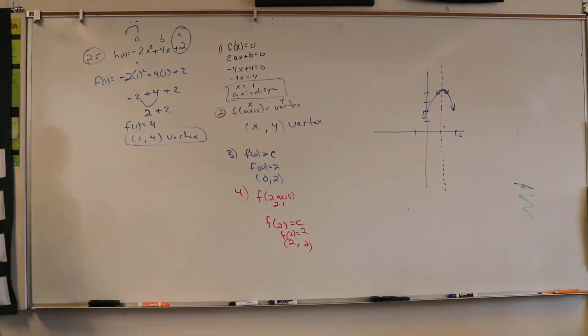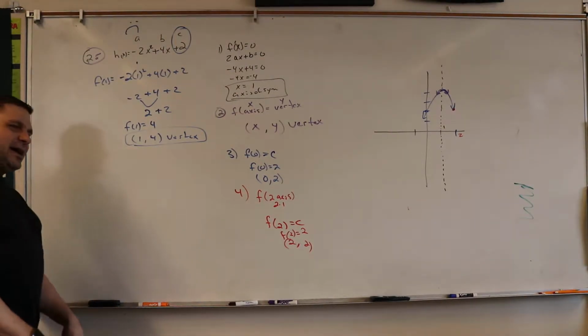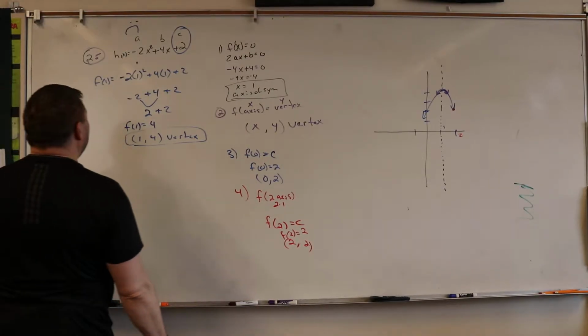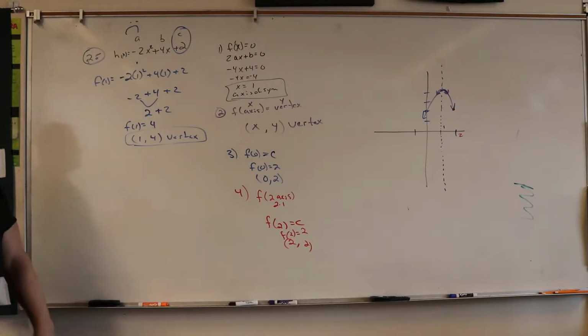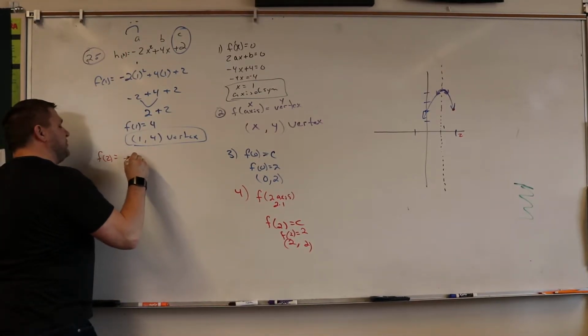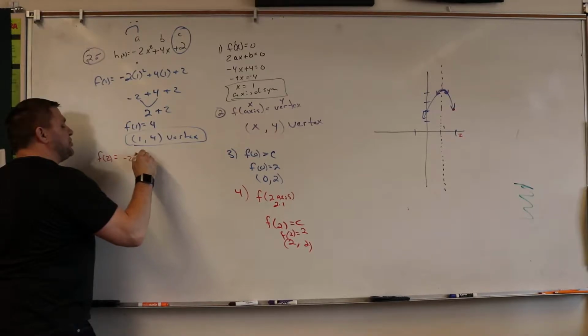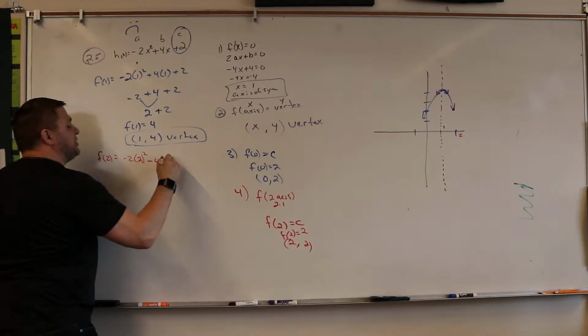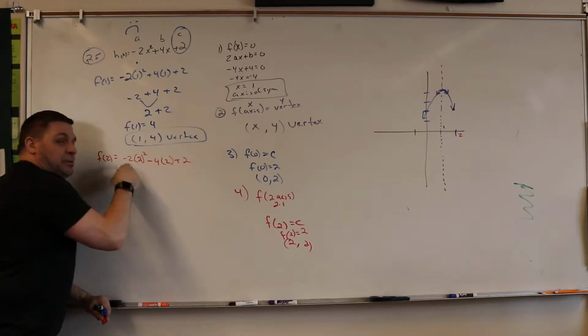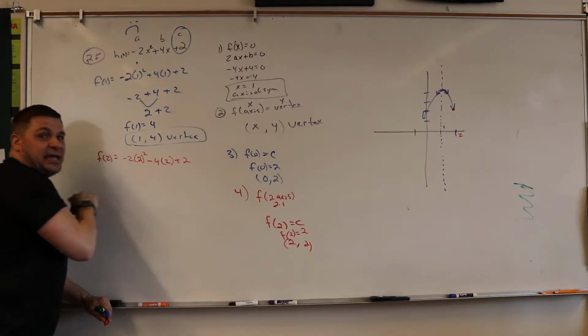So when we plug that in, f of 2 should look like negative 2 times 2 squared minus 4 times 2 plus 2. These should add to be nothing.